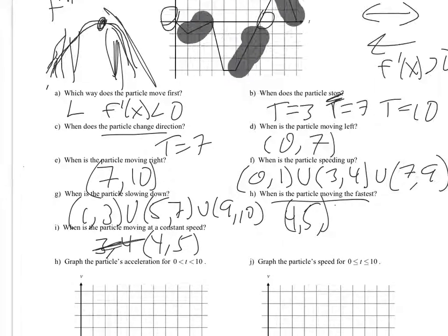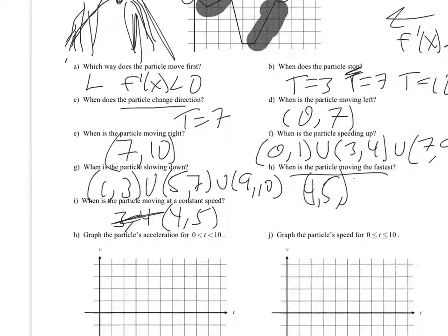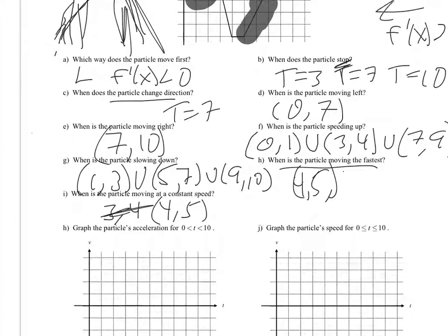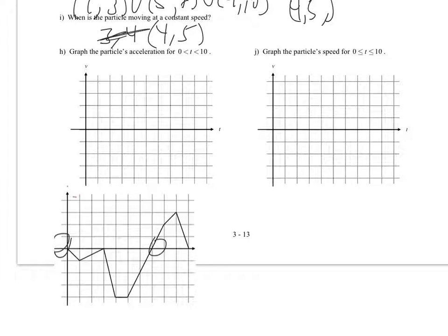Okay, then the last little piece, what do they want us to do? Graph the acceleration. So here I'm seeing a slope of -1 between 0 and 1. So I'm going to put, let me go to red ink, that's -1.